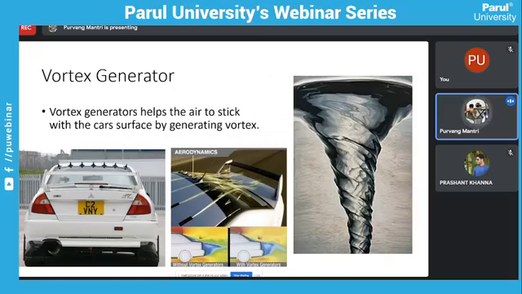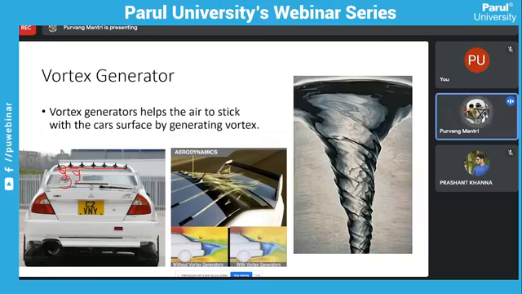This is the way to introduce turbulence, which can help improve the aerodynamics of the vehicle. These spikes you see on the top of the car are actually vortex generators. What they do is help the air flow in a circular pattern from over here.